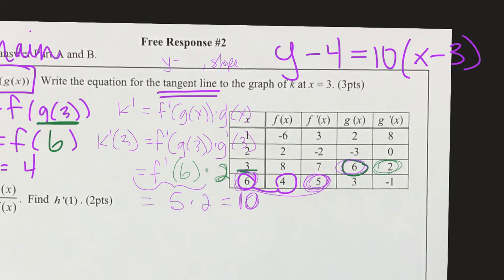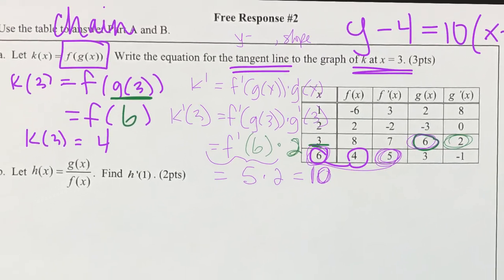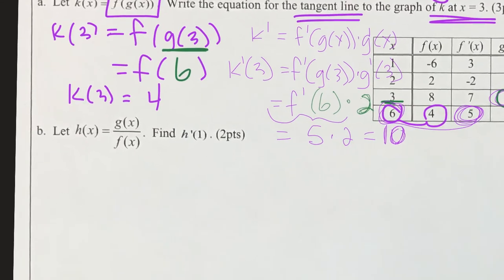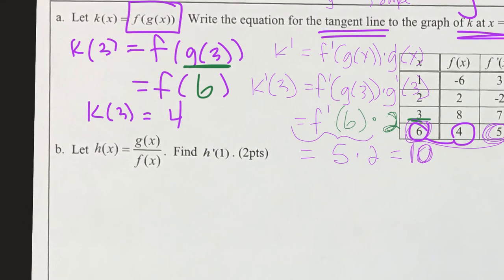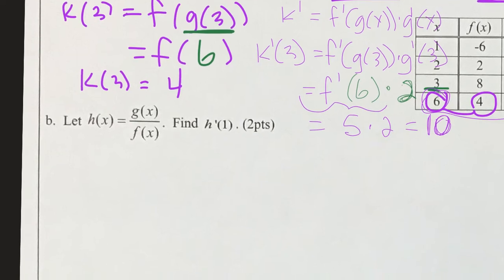And that's the equation of your tangent line to the graph of k at x equals 3. Okay, a little bit of chain rule to start us off with. And then part B is a quotient, so now we're going to have to use the quotient rule.